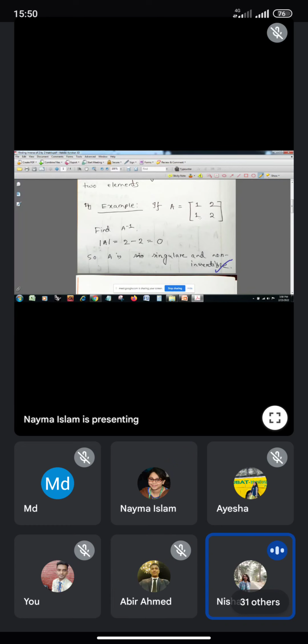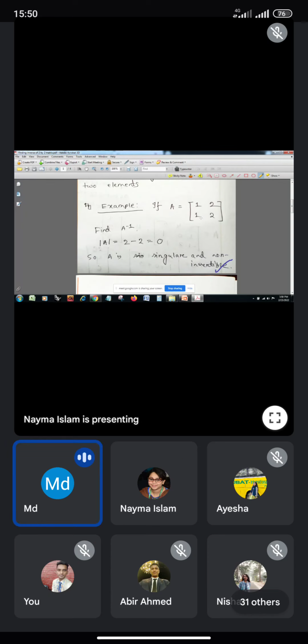That's like you have to find the determinant at first. Yes, in every math you have to find the determinant at first. So if you find 0, in that case you have to stop there. And if your determinant is not 0, in that case you can do the further steps.